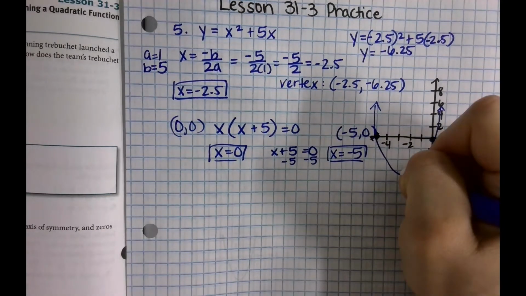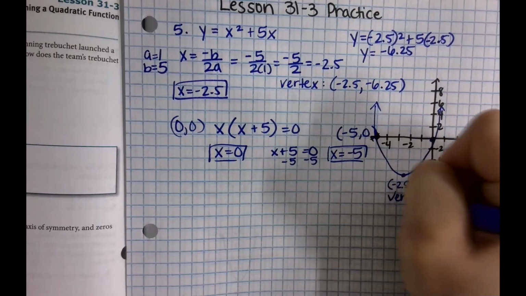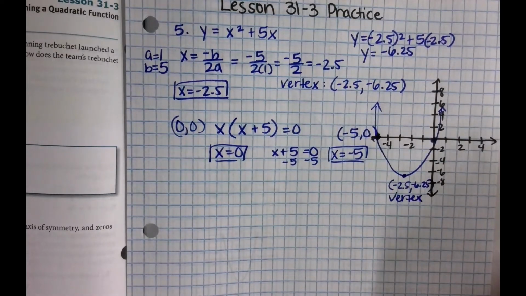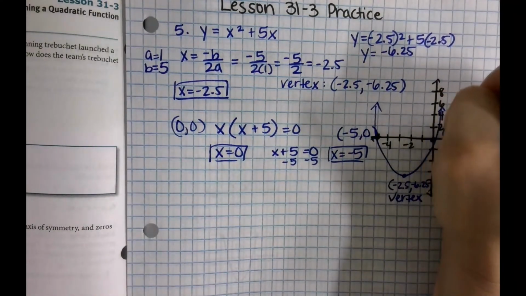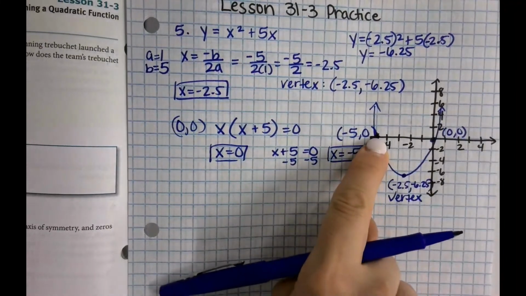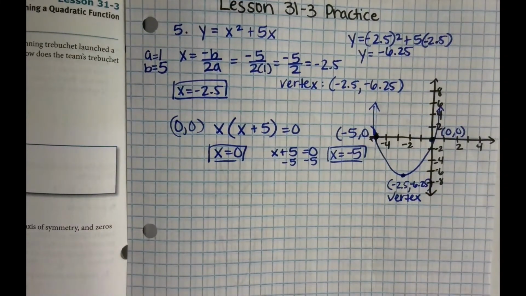And then it wants x is here at negative 2.5, negative 6.25. It's the vertex. Then we have our zeros over here at 0, 0, and negative 5, 0 is already written right there, so I'm just going to leave that there.